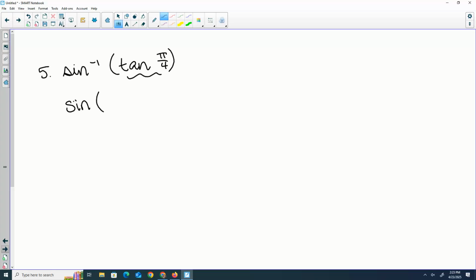Pi over 4 is like 45 degrees. Radical 2 over radical 2 is 1. So now we have a sine inverse of 1. That means when is sine equal to 1? I didn't specify degrees or radians. 90 degrees, or pi over 2 if you did radians.